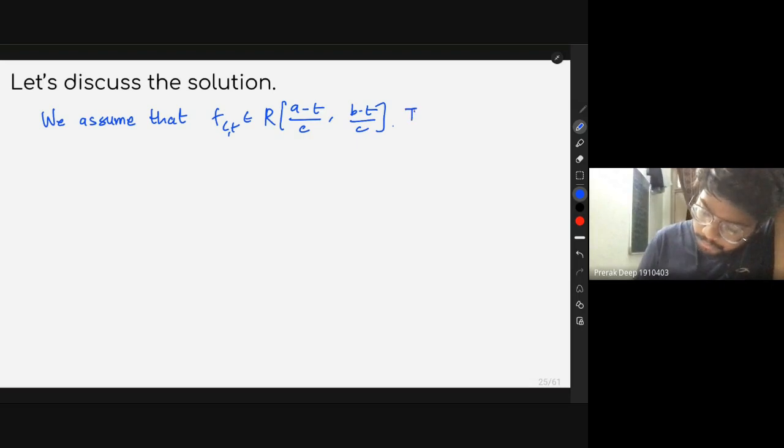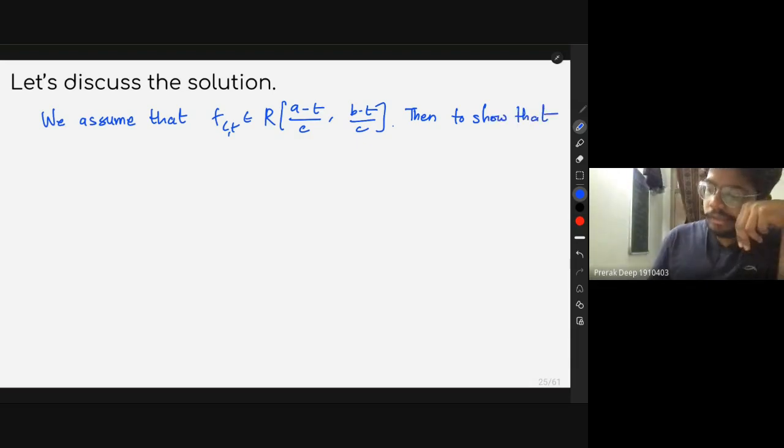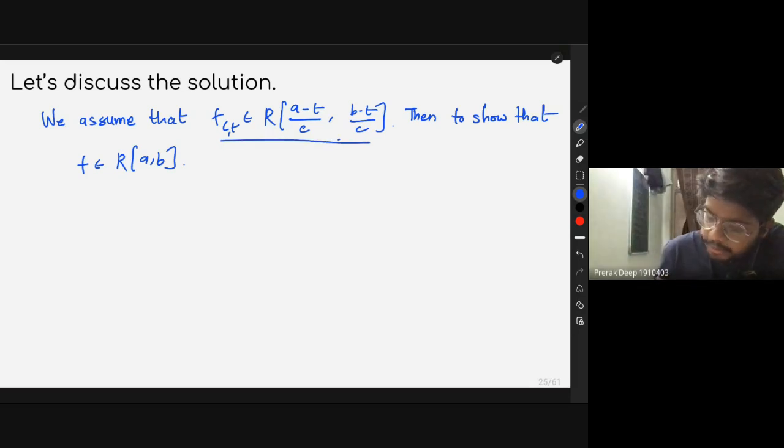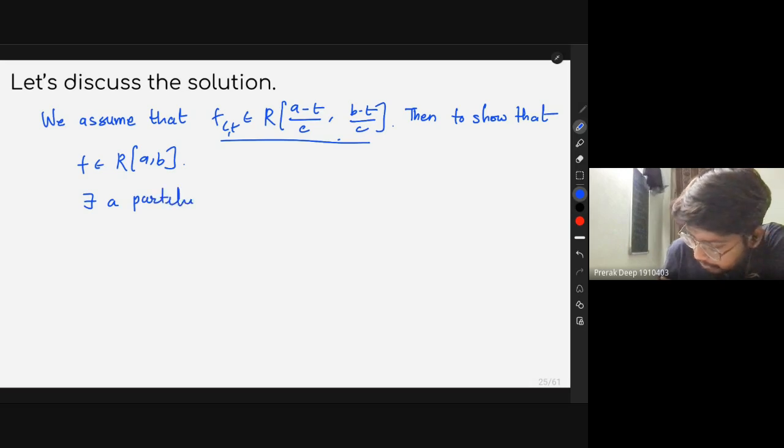Then we need to show that f is Riemann integrable on AB. So what does this mean? That there exists a partition of A minus T by C, B minus T by C.